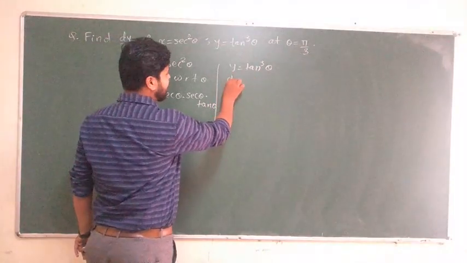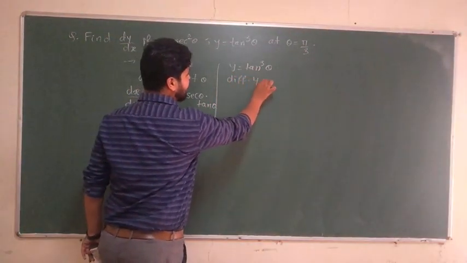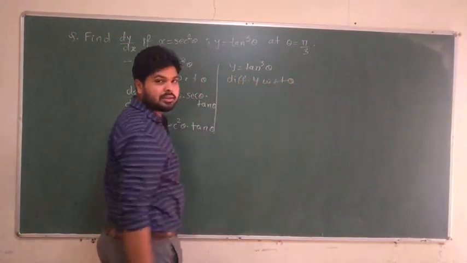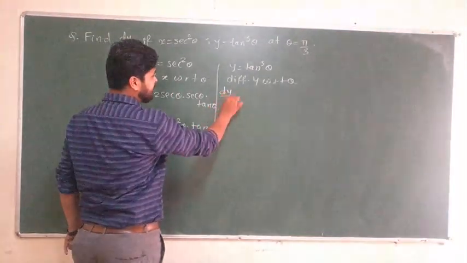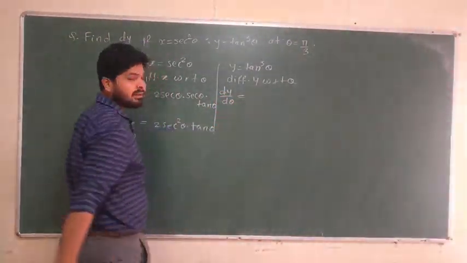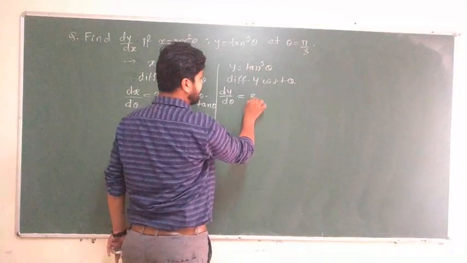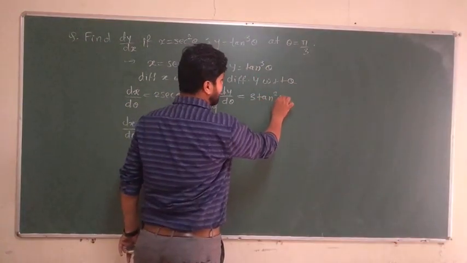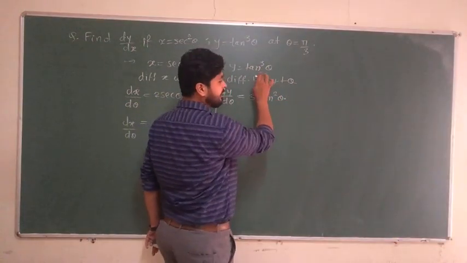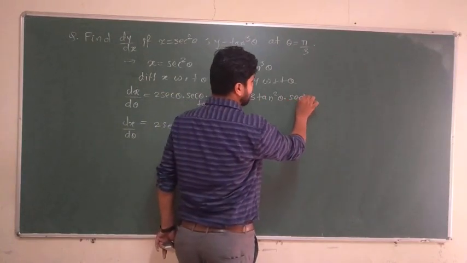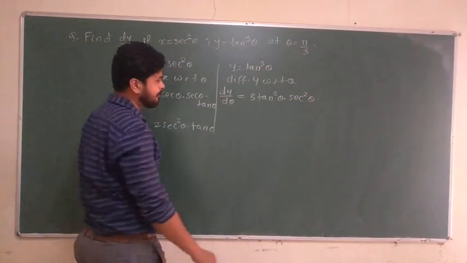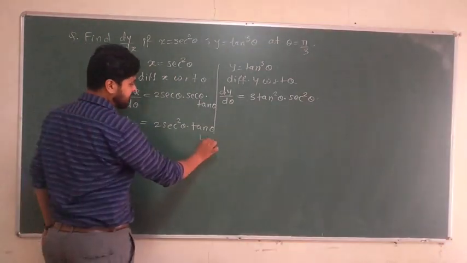Now we find the derivative of y. So differentiate y with respect to theta. So dy by d theta is equal to the derivative of tan cube, 3 tan square theta, into the derivative of tan, which is sec square theta. Call this part equation 1.